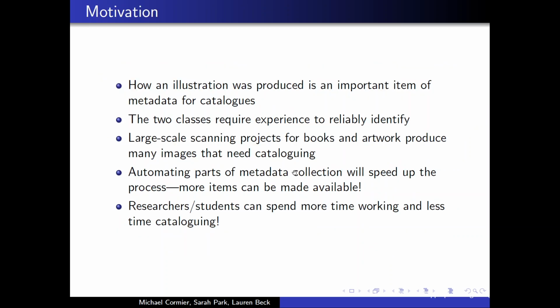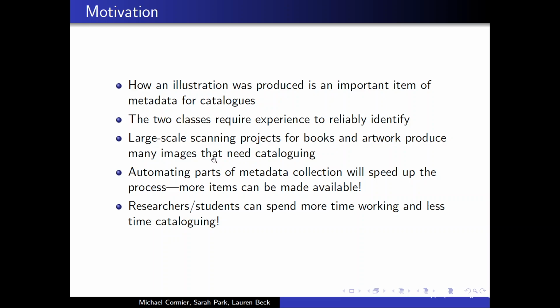So why do we want to do this classification? Well, how an illustration was produced is an important item of metadata for cataloging. An art history researcher, for example, might specifically want to look at woodcuts or specifically look at copperplates. The two classes require experience to reliably distinguish.